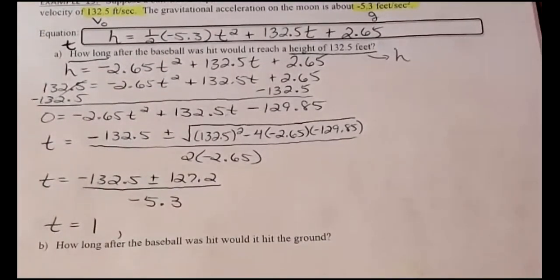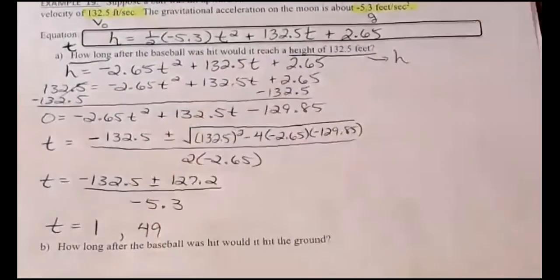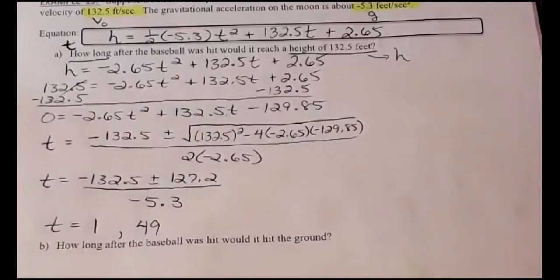Negative 132.5 minus 127.2, and now let's divide that by negative 5.3. That's going to give you 49. So notice that we actually have two solutions. What this is saying is that it's going to reach a height of 132.5 at t is 1 second after it's hit, or 49 seconds after it's hit.